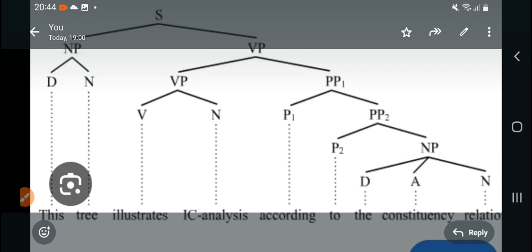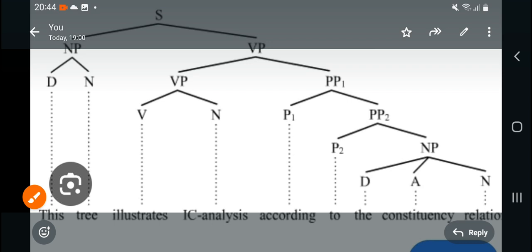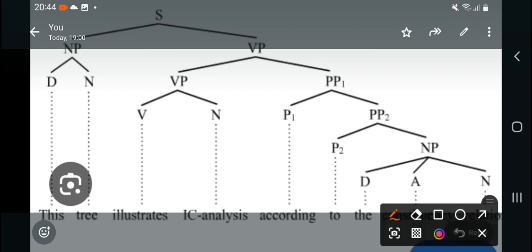Now the last sentence of this slideshow is that this tree illustrates IC analysis according to the constituents relationship. So now this tree, definitely that is a noun phrase.